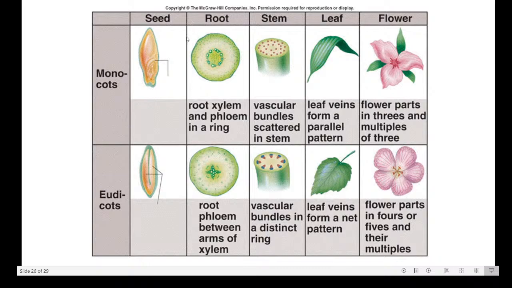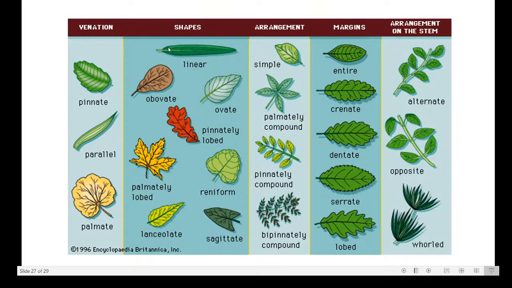These are some examples. After collecting the plant, if you have an unknown plant in your hand, you have to Google it to find out the plant name. For example, I have taken this plant.